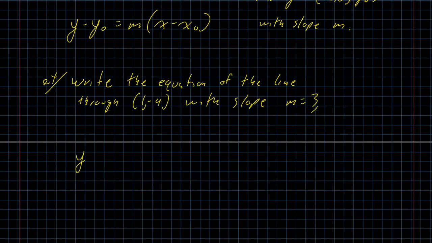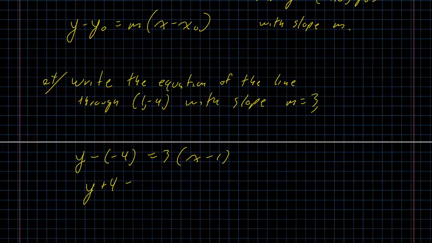So in this case, to write the equation of the line through 1, -4 with slope 3, it's going to be y minus -4 is equal to 3 times the quantity x minus 1. Rearranging just a little bit.